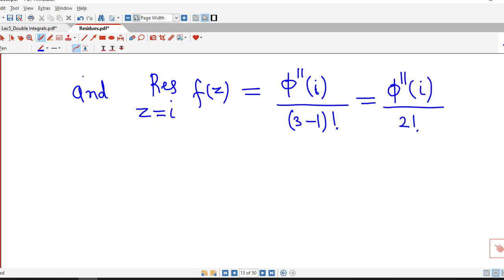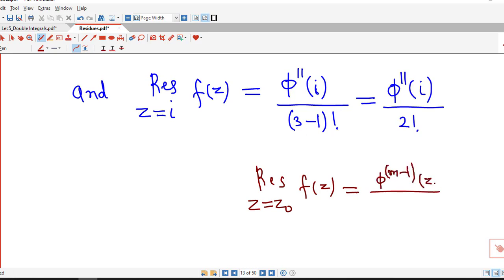Here we are using the formula that if a function has a pole of order m at z equal to z0, then the residue at z equal to z0 is given by the (m minus 1)th derivative at z0 divided by m minus 1 factorial, if m is starting from 2. So here we are using this formula for m equal to 3. So we have 3 minus 1, that is the second derivative at point i divided by 3 minus 1 factorial, that is 2 factorial.